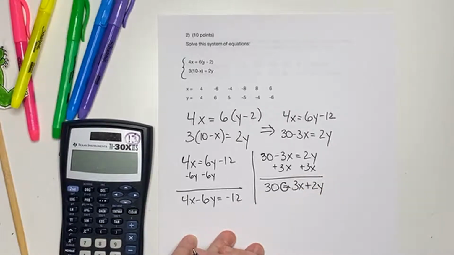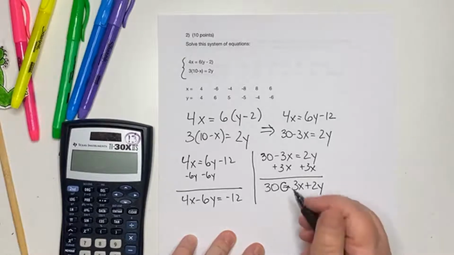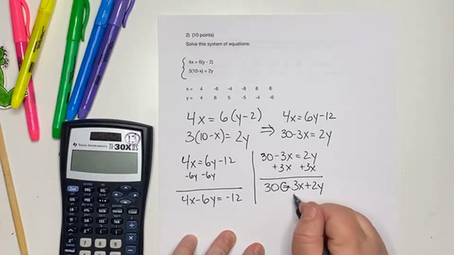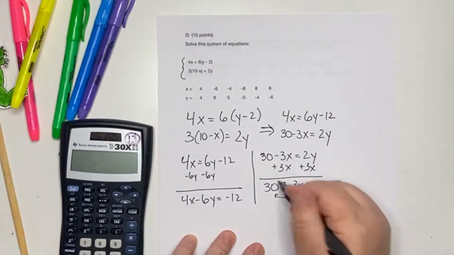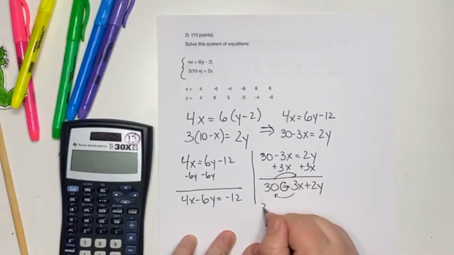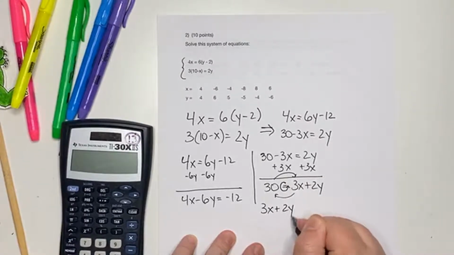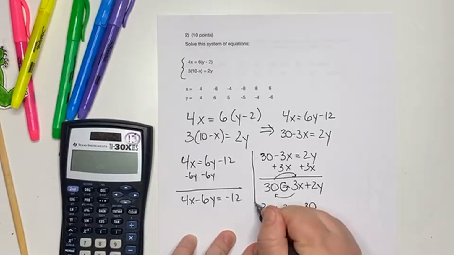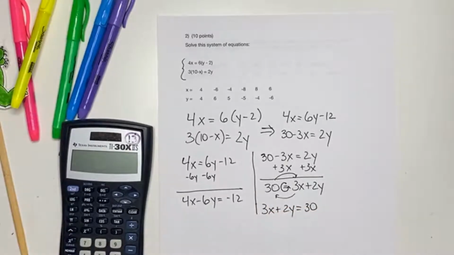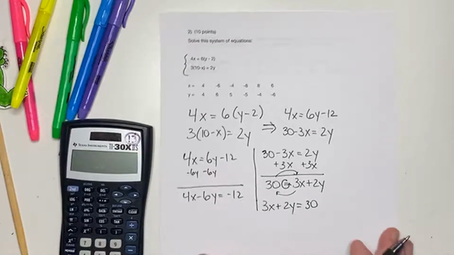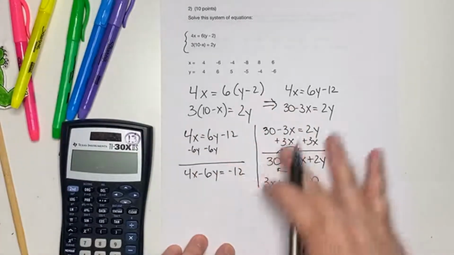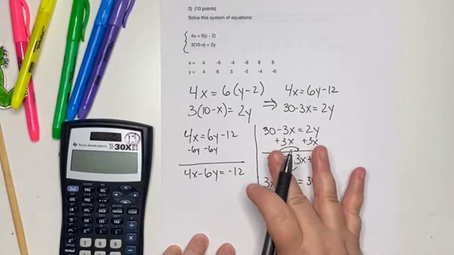I don't know if that's obvious, if it looks like an arrow or it just looks like I drew a big G. But basically what I'm going to do is I'm going to change the order. So I get 3x plus 2y equals 30. And that's a cool property that if you have two things that are equal, they're equal regardless of which one is written first. So all of this work is like the pre-work.